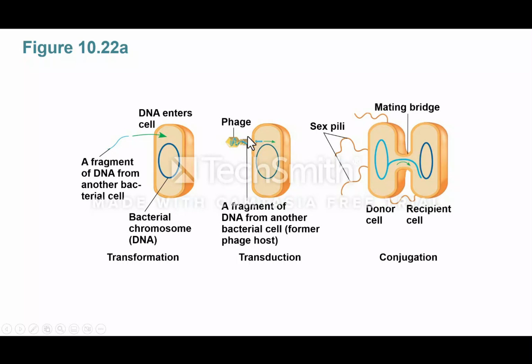If it uses a virus called a phage, here's the virus, then we can use that virus to inject the DNA. In conjugation, the bacteria can attach, and one bacteria is going to give genetic information to the other. It will not go in the opposite direction. It only goes in one direction.